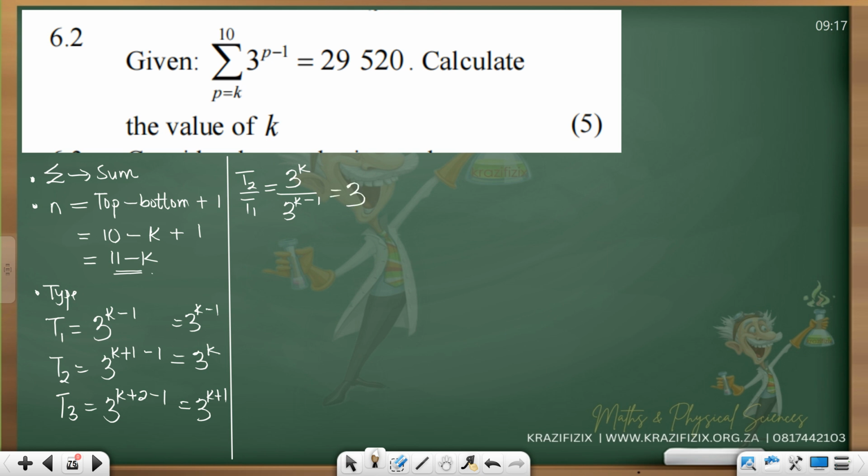So this will be 3 to the power K plus 1 minus K. K minus K is 0. So we have 3 to the power 1, which is 3. So we're fine. We know now it's geometric because this is a common ratio.